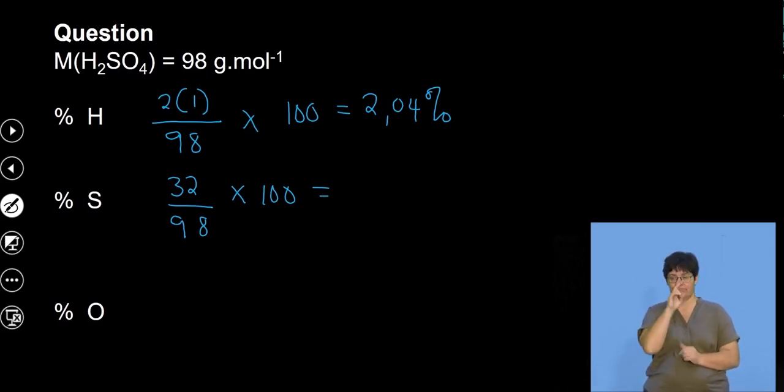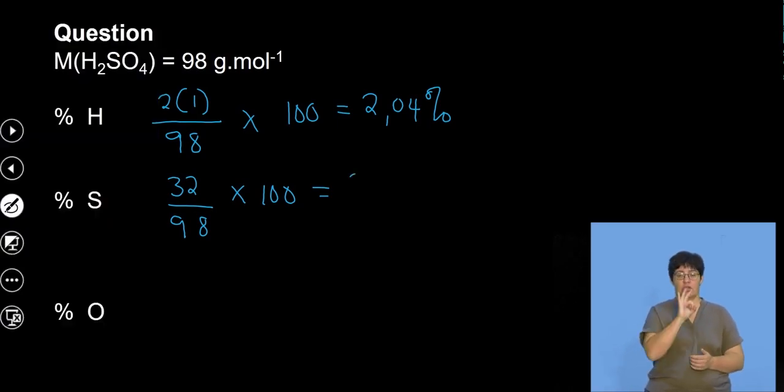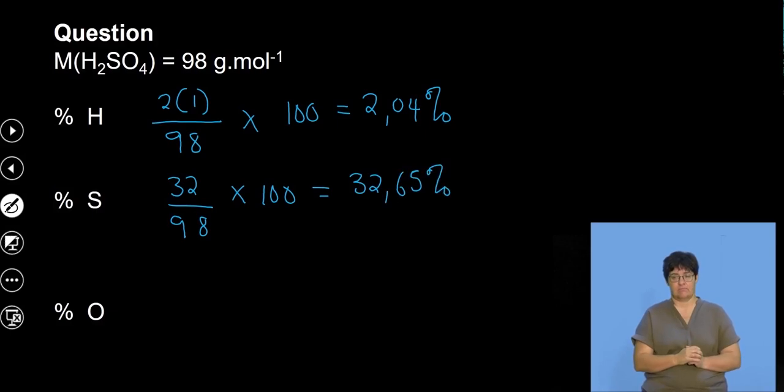On our calculator, we've got 32 divided by 98, multiplied by 100. This gives us the percentage of sulfur, which is 32,65. Always 2 decimal places. 32,65%.